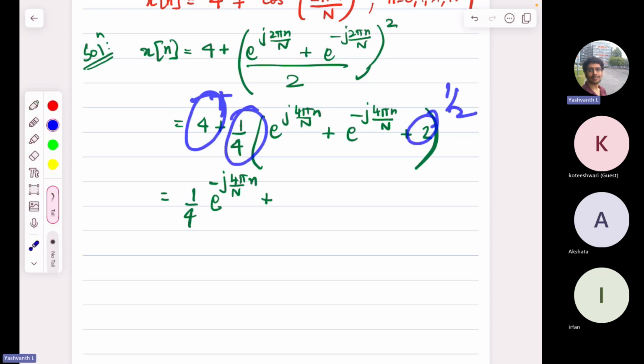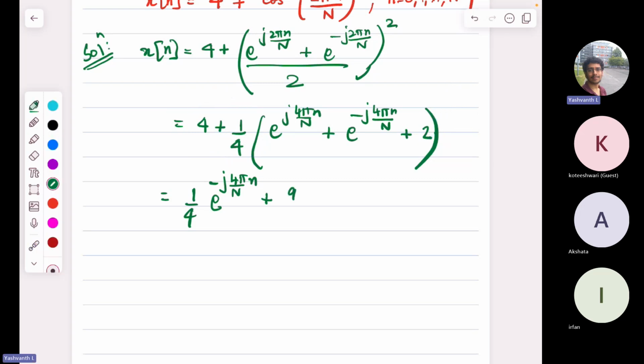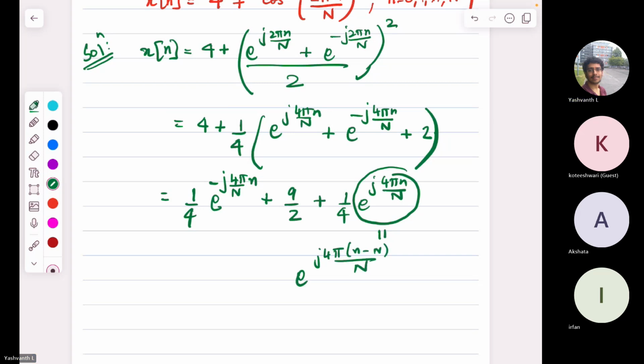So it becomes 9 by 2 plus 1 by 4 e power j 4 pi n by N. But now see, I can write this as e power j 4 pi by N into n. Is it okay?